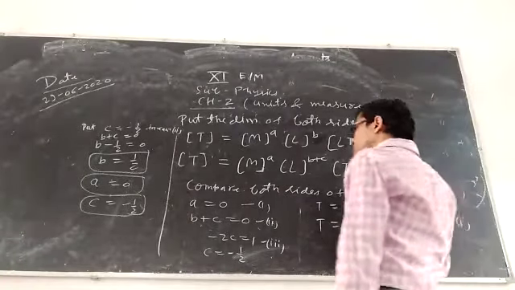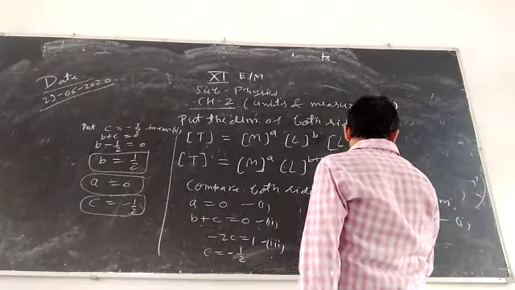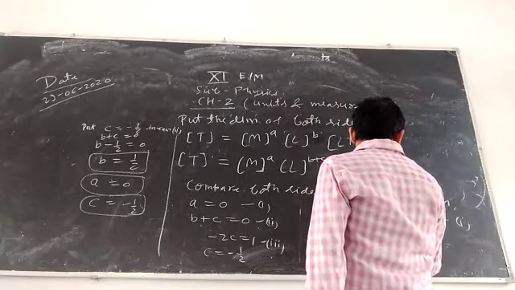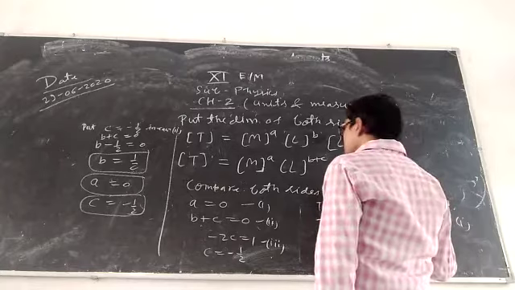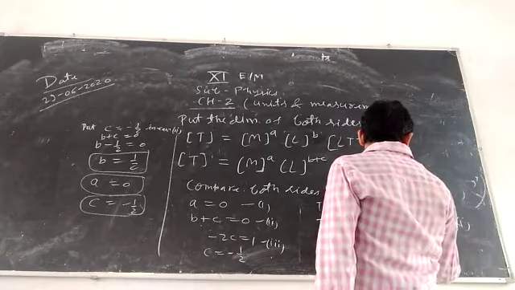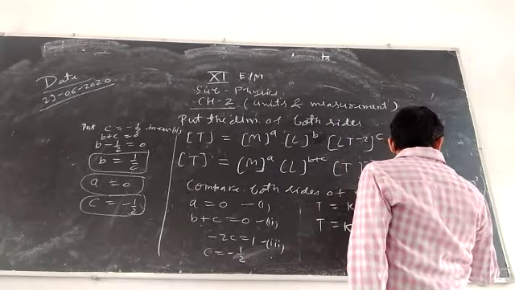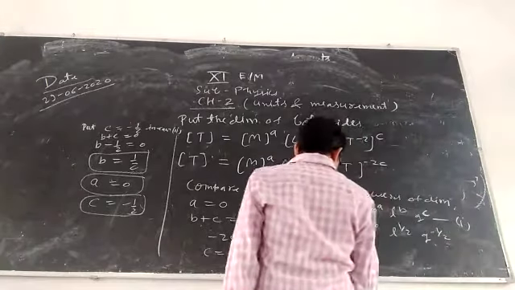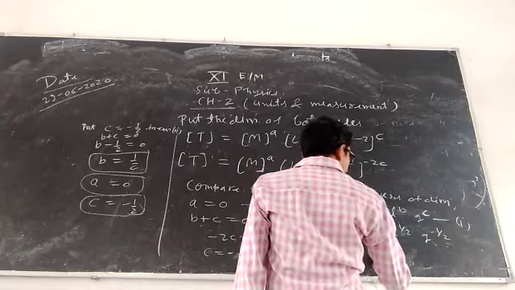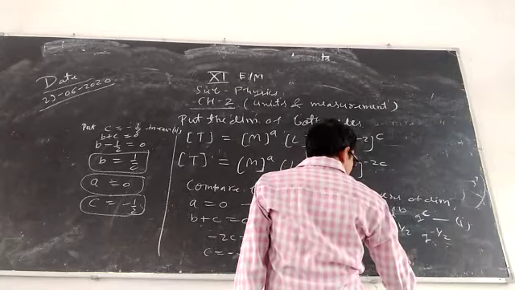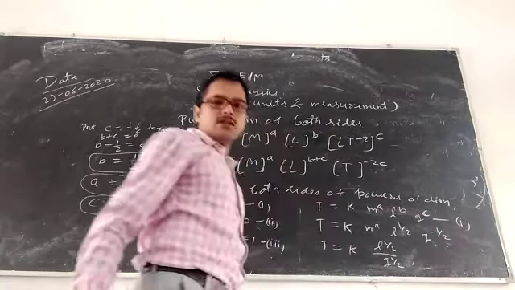Here M to power a is equal to 0, so M to power 0, and L to power b with b equal to 1 by 2, L to power 1 by 2, G to power c with c equal to minus 1 by 2. Then T is equal to k, L to power 1 by 2 upon G to power 1 by 2. Positive value. Clear?